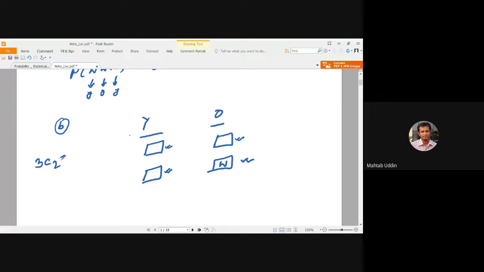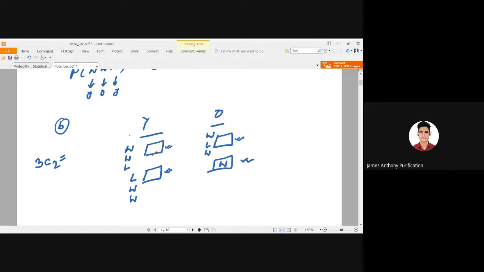How many options do you have? 3C2 is 3. That is, you can arrange in 3 ways. Like you can put win, win, then a loss here. Also, you can put win, loss, win here. Also, you can put loss, win, win here. So there are how many possibilities?